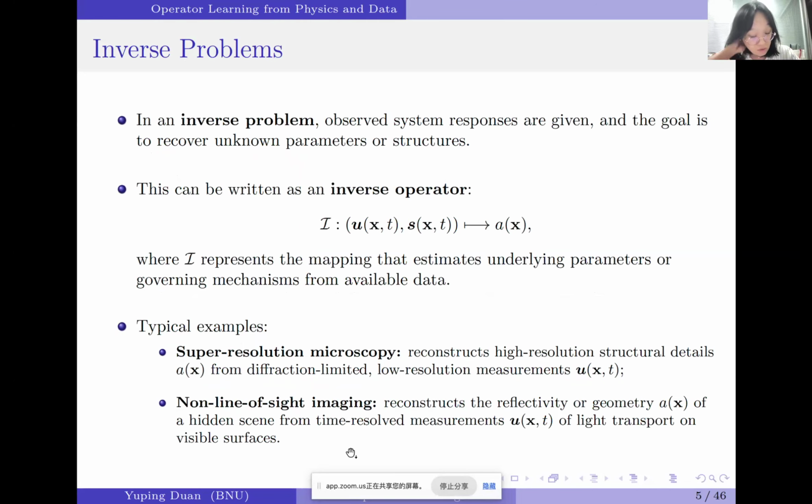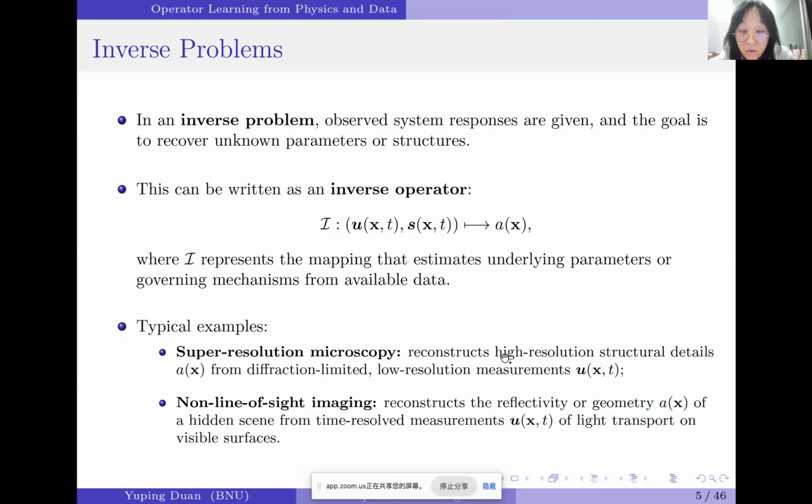So the inverse problem goes in the opposite direction. We observe the system responses and try to recover the unknown parameters and structures. So here we use the source and observe the responses to predict the system parameters.